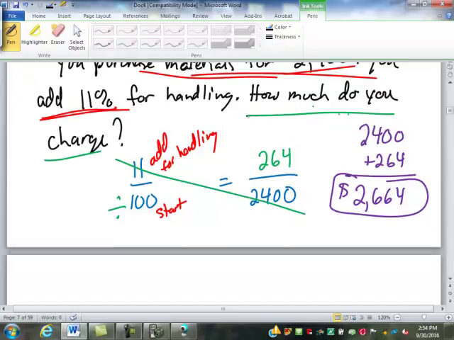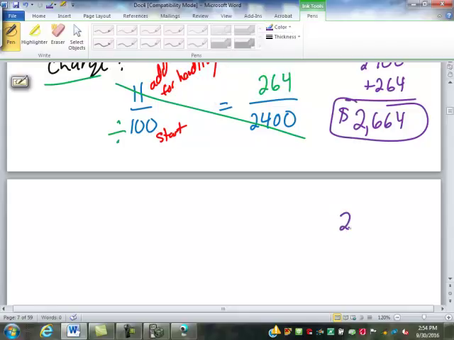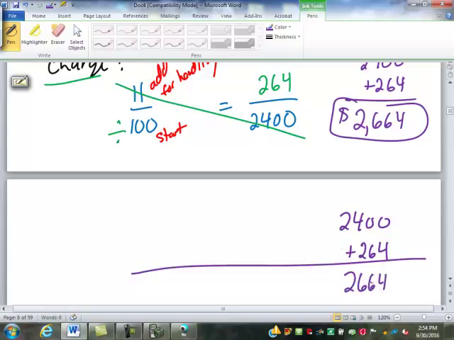Let's look at what happened there now. So we had the 2,400. We added 264. And we got the 2,664. So we had a starting amount, I'm going to just call that our cost because that's what we paid for it.